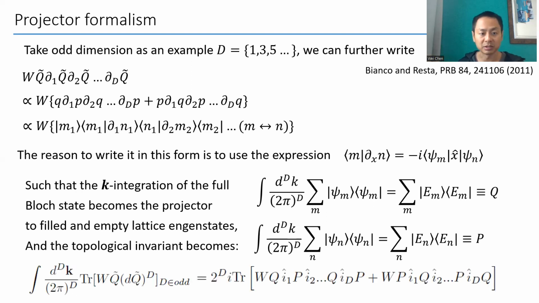And using all this procedure, you finally arrive at this particular expression. This trace over this guy that I'm showing you is equal to the trace of this W matrix, and then you have the Q matrix, these projectors, and P and Q and P and so on, that's alternating.